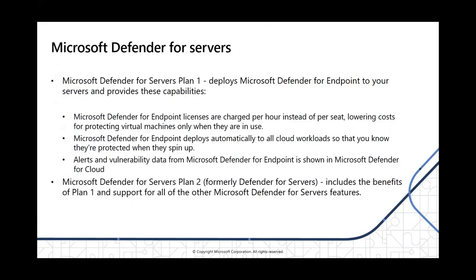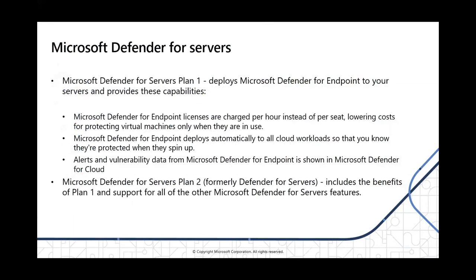Let's take a look at Plan 1. Plan 1 deploys Microsoft Defender for Endpoint to our servers and provides a series of capabilities. For example, Microsoft Defender for Endpoint licenses are charged per hour instead of per seat.